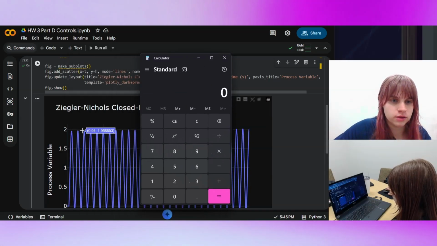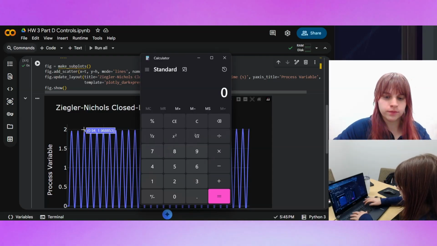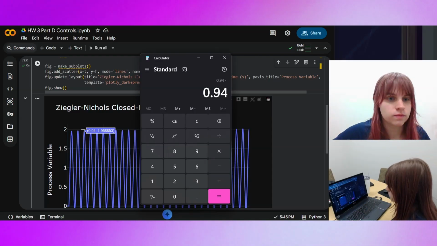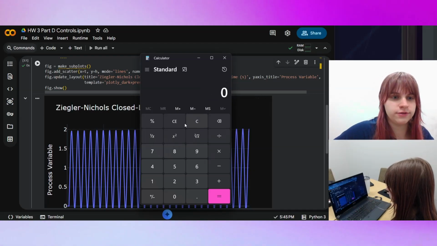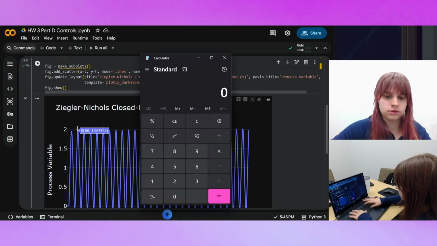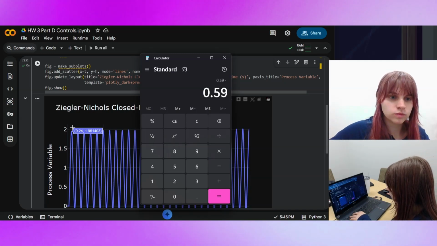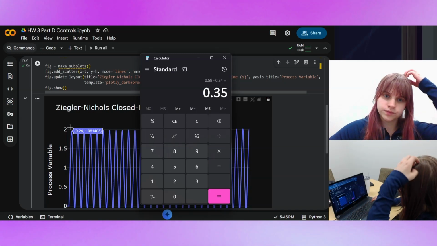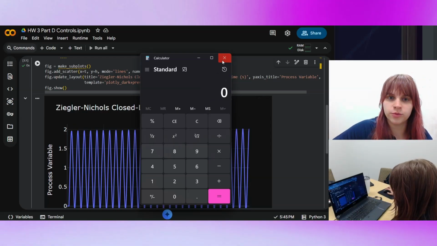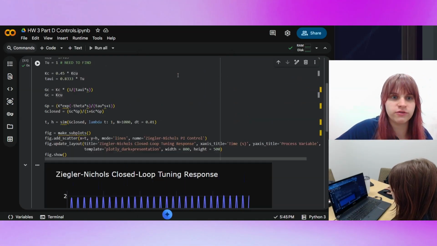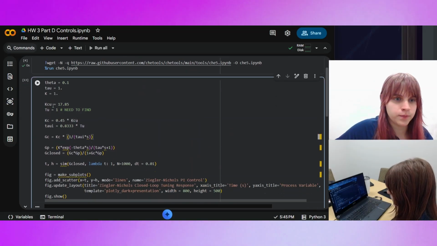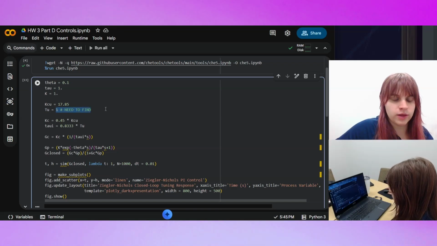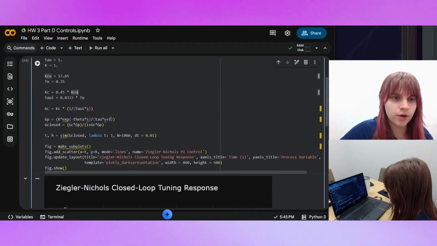I'm going to check kind of earlier on. 0.35 for that. Alright, so it looks like it's about 0.35. It might be between 0.34 and 0.35 depending. So I'm going to get rid of this. We found our ultimate period to be 0.35. And now we can continue.